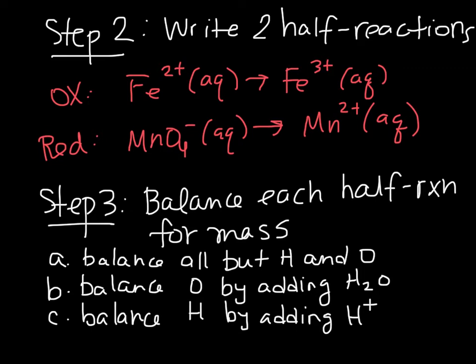So let's apply step 3 to the reaction that we're working on. The first step, A, is to balance all but hydrogen and oxygen. If we look up here, we see we have one iron here and one iron here, so iron is balanced. And here we have one manganese here and one manganese here, so the manganese is balanced. We don't have to do anything for that. We can move on now to part B and balance the oxygen by adding H2O.